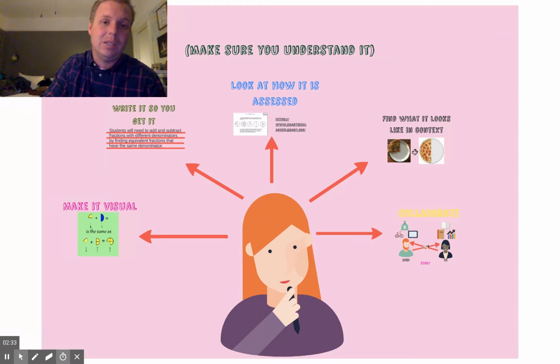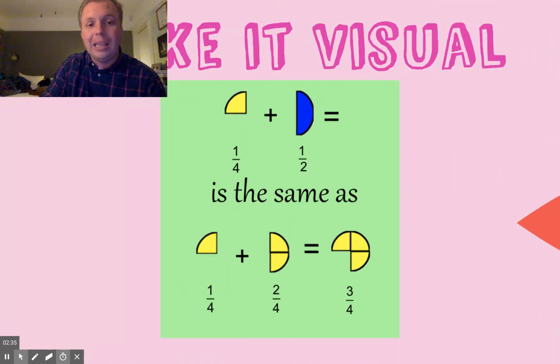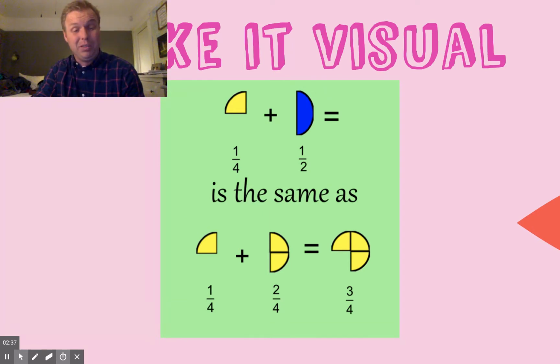So we need to first make sure that we understand that standard. And here are some ways that we can do that. I love to make standards visual. So believe it or not, that's a piece of what we're trying to get at with this standard. Two fractions with unlike denominators being added together by using equivalents, finding like denominators, and then building that sum.